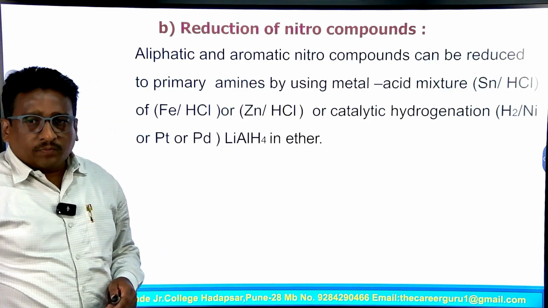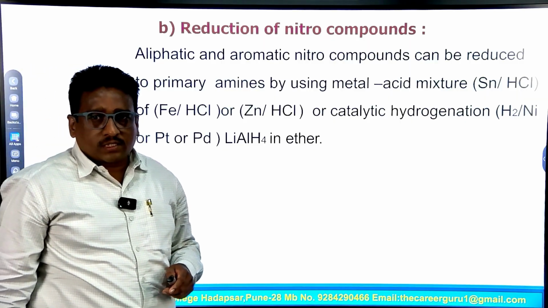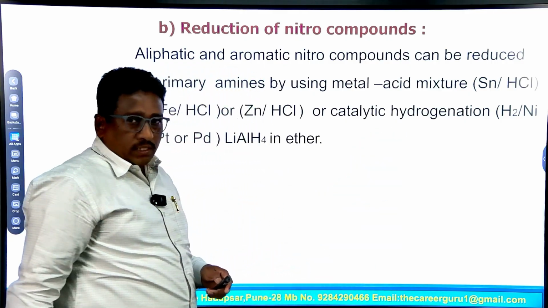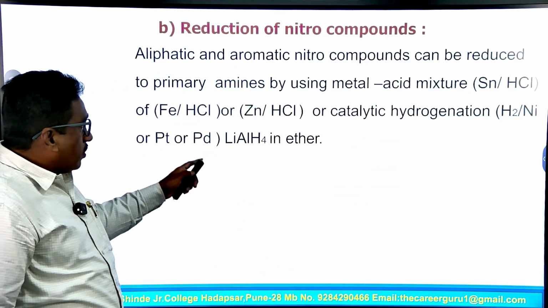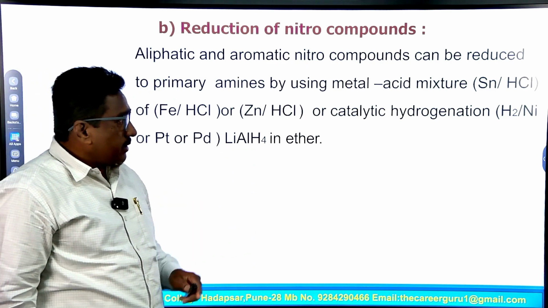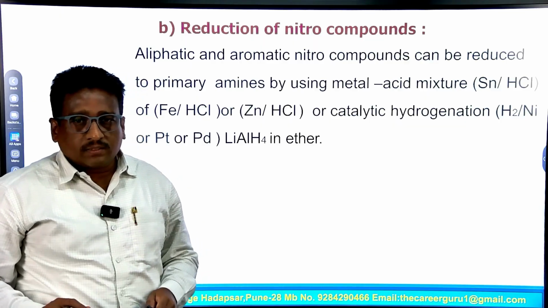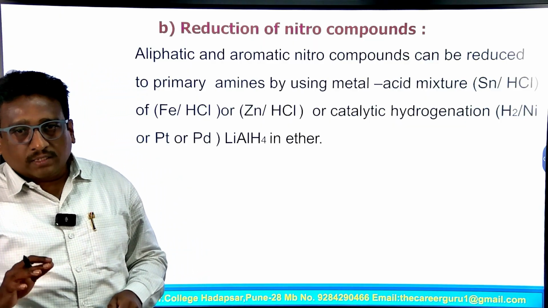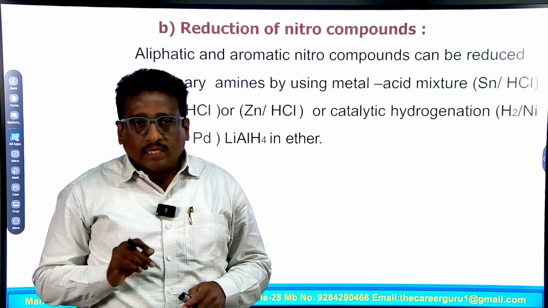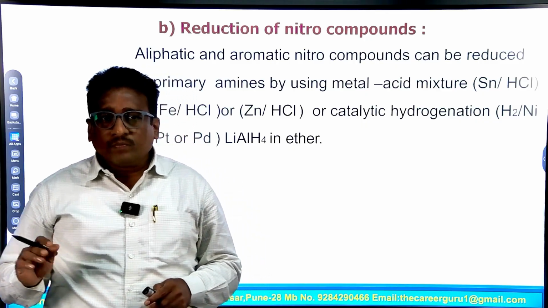Another type of reagent used for reduction of nitro compound is catalytic hydrogenation using hydrogen and nickel, platinum or palladium catalyst, or lithium aluminum hydride in ether. All these reagents are reducing agents and reduce nitro compound into primary amine, meaning the NO2 group is converted into NH2 group.